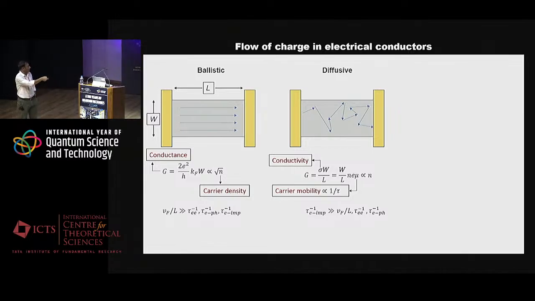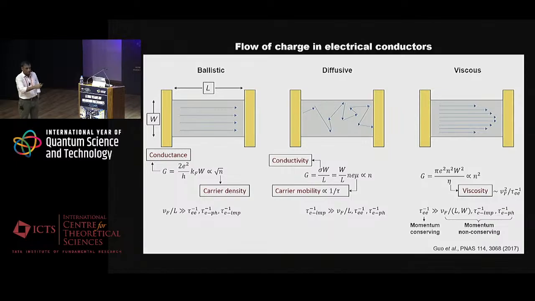Scattering, where conductivity is proportional to the mobility and density, whereas in the viscous regime, where you can show that the momentum conserving scattering, where the electron and electron scatter more often than the electron and impurity scattering, then you have a situation where the electrical conductivity is proportional to the square of the width here and the square of the density. So these are typical experimental signatures that we will look for.